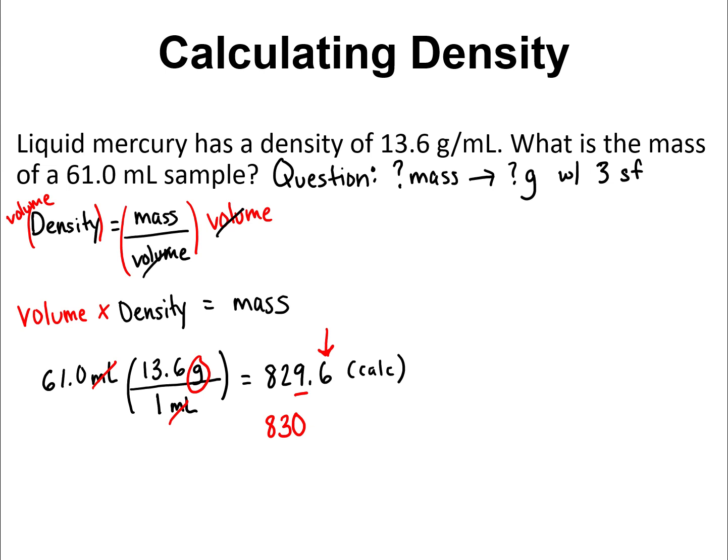But that's not 3 sig figs. This on its own is only 2 sig figs. So what do? You add a decimal point at the end, and that would make it 3 sig figs.